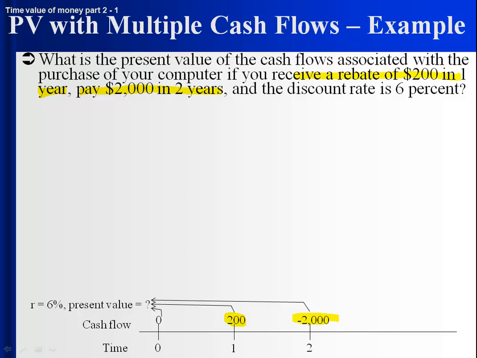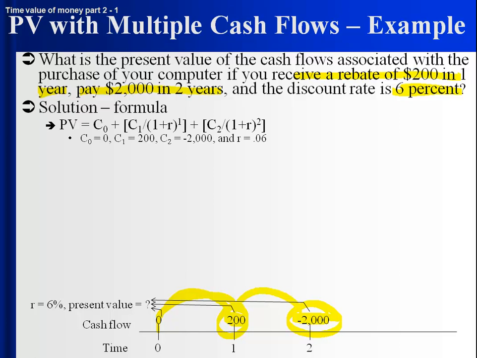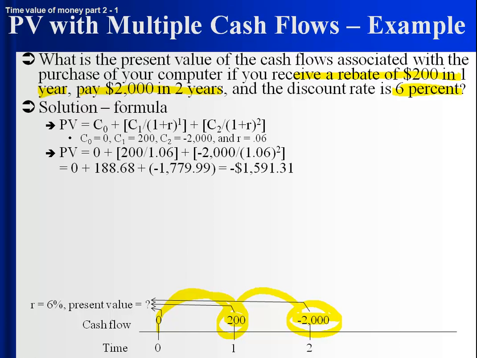This is a good example because you've got cash flows of different signs, you're paying and receiving. You want to just be very careful. So the answer, quite simply, is 200 over 1.06 plus negative 2,000 over 1.06 squared. Paying or receiving $200 in 1 year is like receiving $188.68 today.